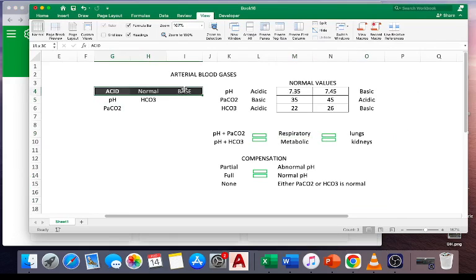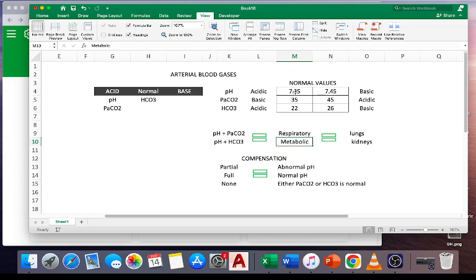Actually, you can use this one. You just have to arrange, is it acidic or normal, basic, 7.35, and the normal values. And if it's CO2, it's respiratory. The way I remember the CO2 normal values is that it's almost the same as the pH.